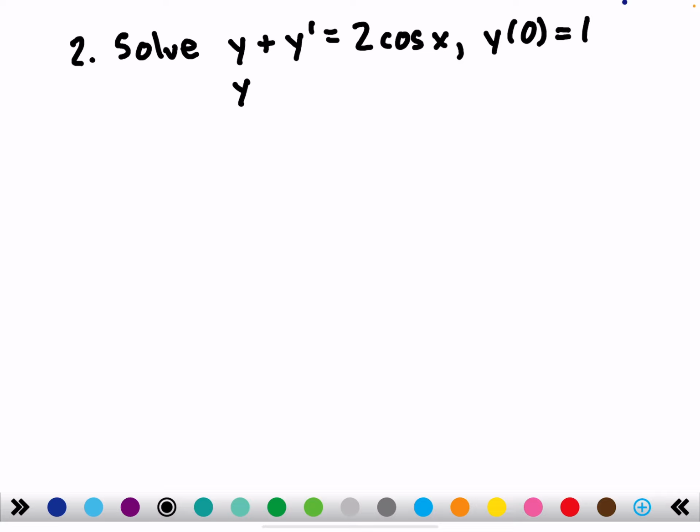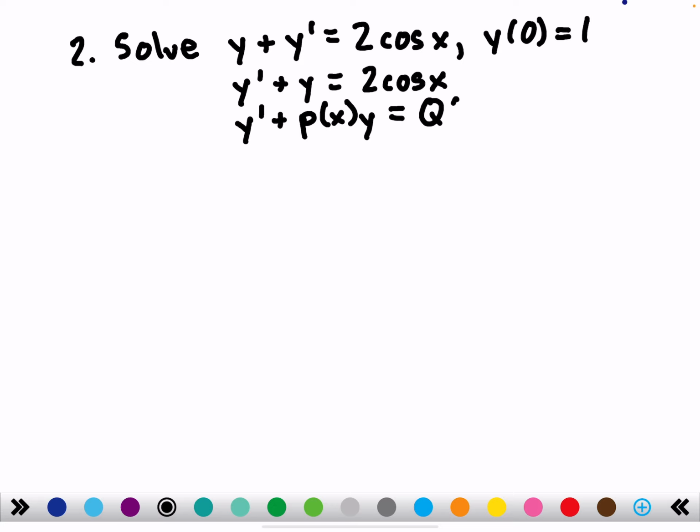Now this equation is already in the proper form, we just need to switch around the y prime. y prime plus y equals 2 cosine x, because the proper form is y prime plus p sub x times y equals q sub x. So we need to identify p sub x. P sub x is 1. Q sub x is 2 cosine of x.